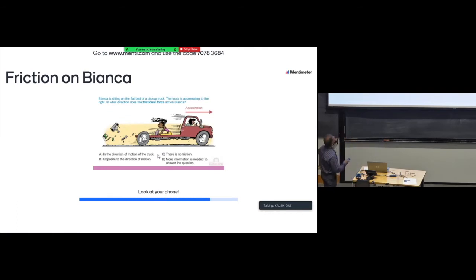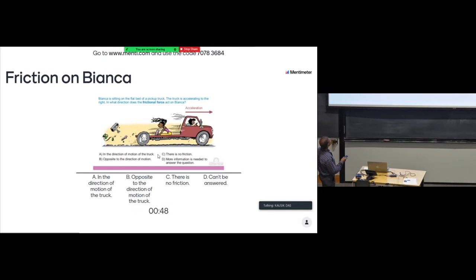So let us look at this question. Bianca is sitting on a pickup truck. The truck is accelerating to the right. In what direction does the friction force act on Bianca?